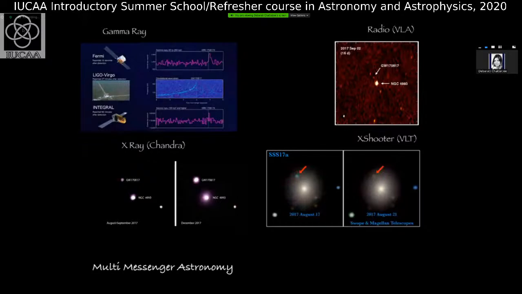So this event marked the beginning of the multi-messenger astronomy era, because neutron stars are observed throughout the electromagnetic spectrum and now also in gravitational wave frequencies. Combined, these can help us verify the different astrophysical models of neutron stars and help us understand the different processes associated with such events.